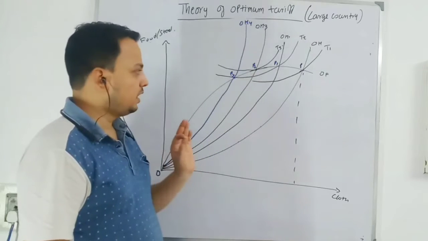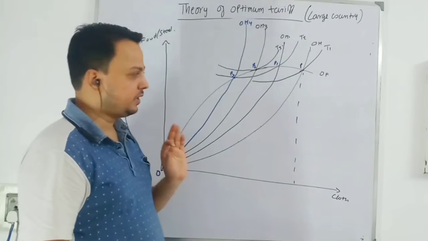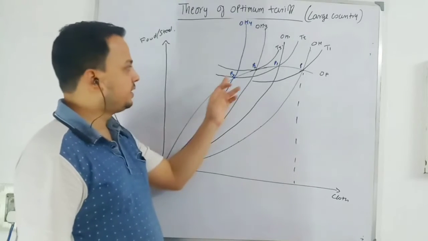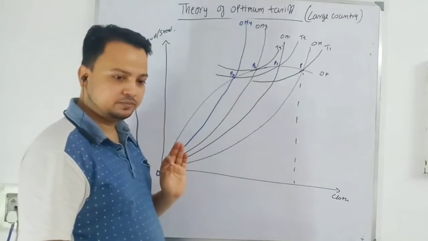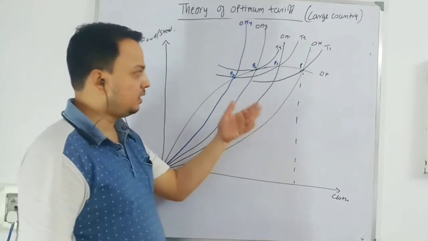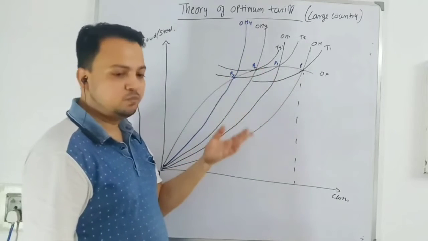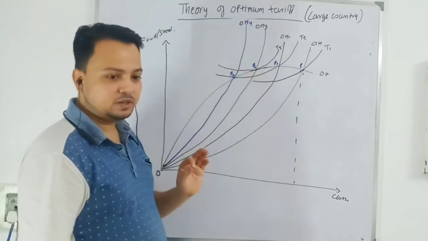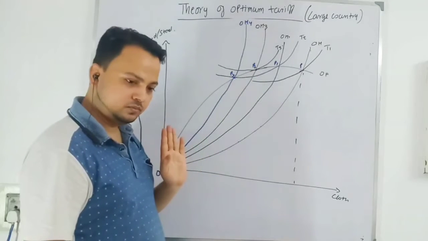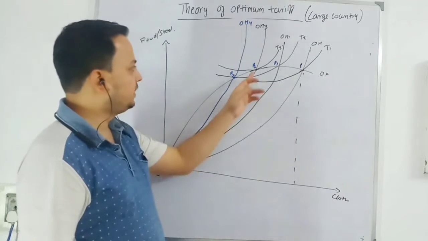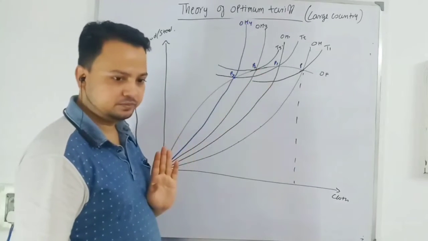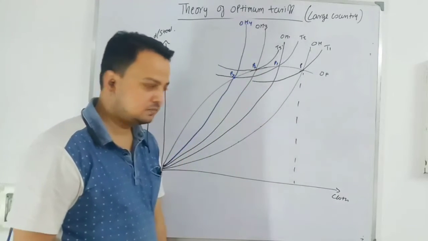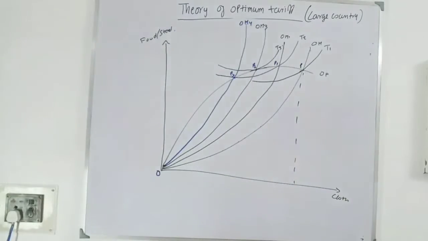The point of optimum tariff, you can say, is determined where the trade indifference curve of the home country, or you can say the trade indifference curve of the tariff imposing country, becomes tangent to the offer curve of the foreign country. This is the optimum tariff. Draw it.